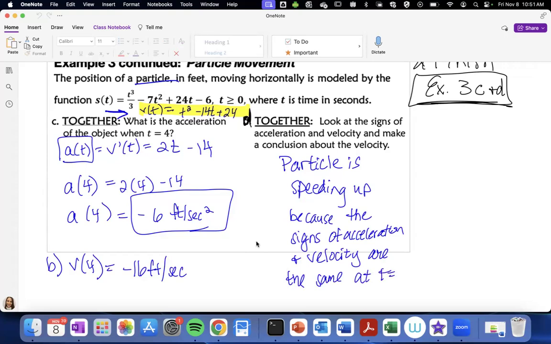I'm sorry, I should qualify this. The particle is speeding up at t equals 4 seconds because acceleration and velocity have the same signs. Okay? All right. Let's do the next problem.